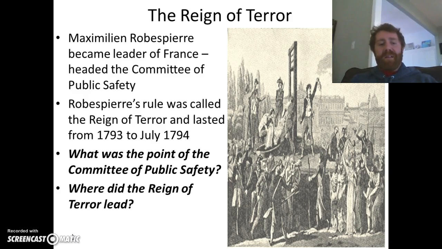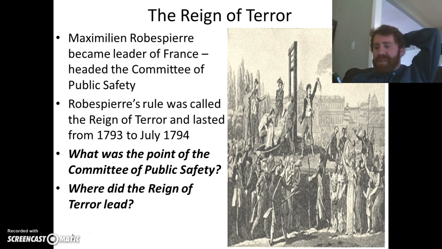Oftentimes it was said that they were tried in the morning and guillotined in the afternoon. I'm reading here that some of these people were put to death for the flimsiest of charges. An 18-year-old youth was sentenced to death for cutting down a tree that had been planted as a symbol for liberty. Perhaps as many as 40,000 people were executed during this Reign of Terror.